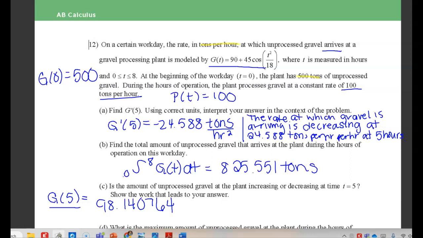I took the original function and put it in, because the original function is the tons per hour, which is the rate of change. So what that means is at hour 5, the rate of change is 98 tons per hour.